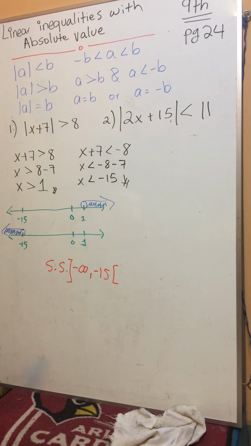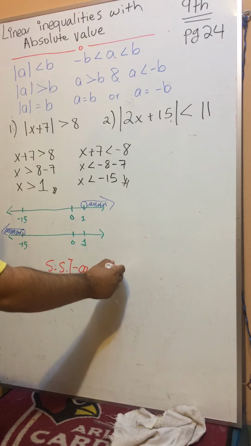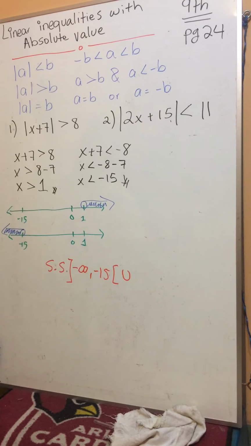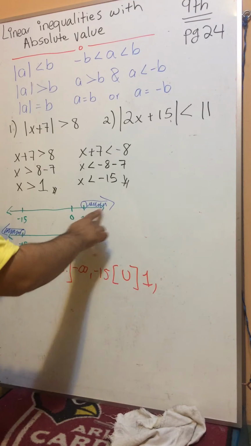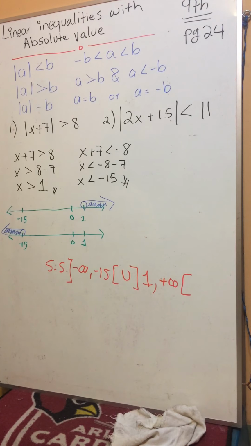And we have to use a union to include the other ones. So we make a union, and they start again on point 1, but point 1 is not included. So we put from 1 to positive infinite, not included. And that's where we have our answer.